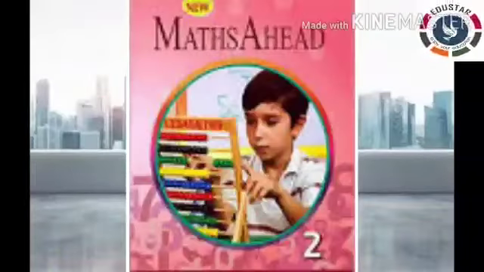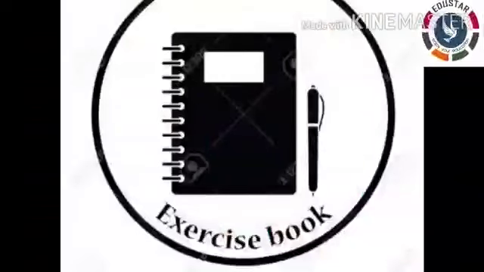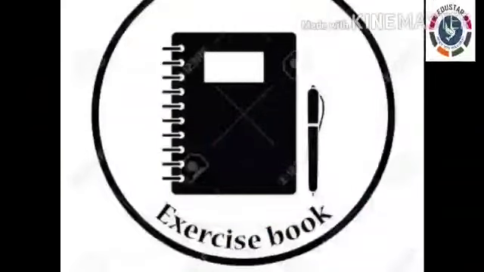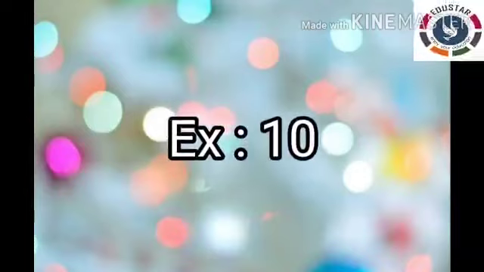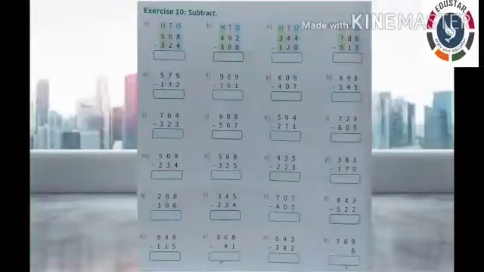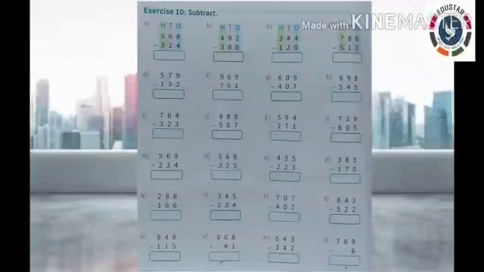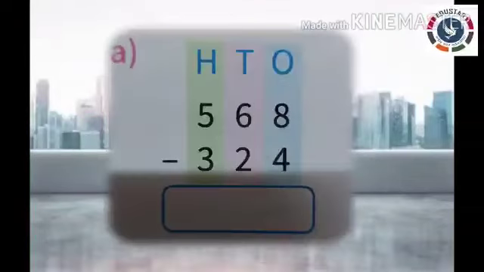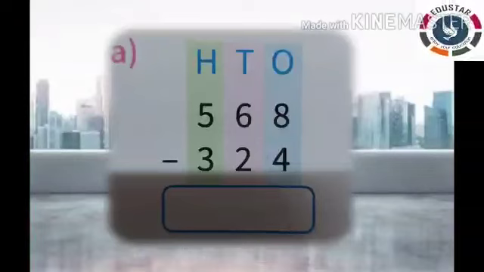Now we will move on to your book exercise. For that, you have to turn towards page number 64, exercise 10. Subtraction without borrowing. Okay. Shall I explain a sum?